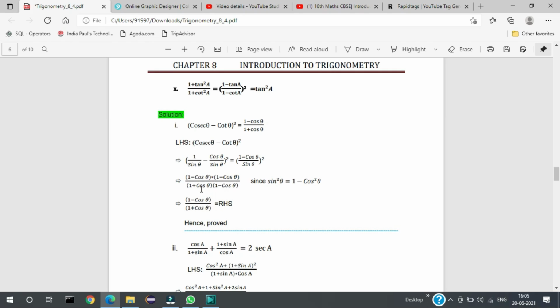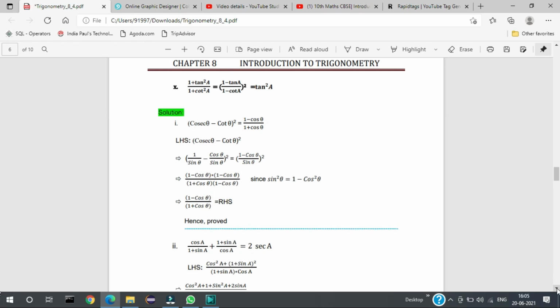So 1 minus cos theta and 1 minus cos theta get cancelled. Now we will get 1 minus cos theta by 1 plus cos theta. That implies RHS. So LHS equals RHS, hence proved.